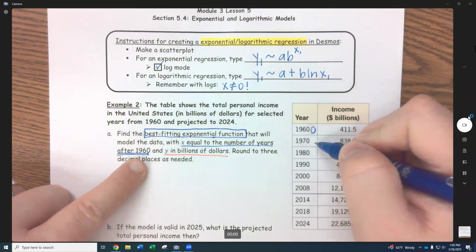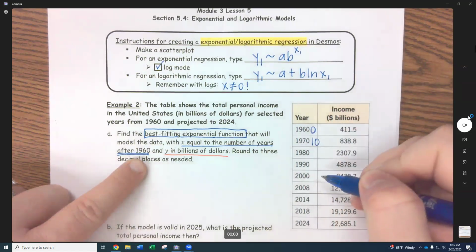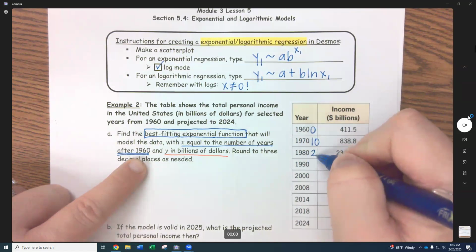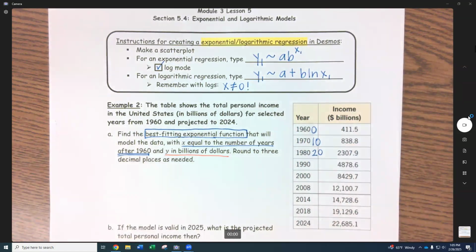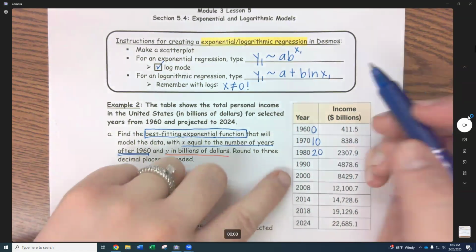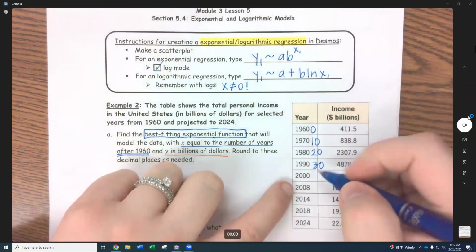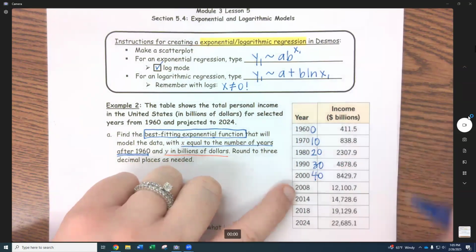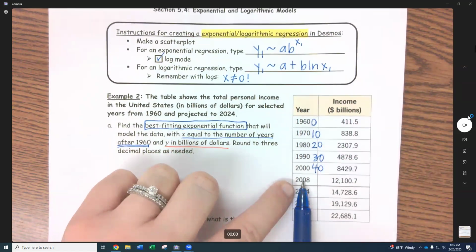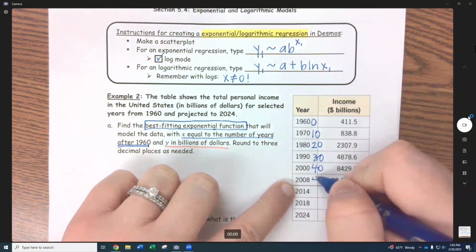So then 1970 would be 10. 1980 is 20. And we are not going to assume it counts by tens. So 1990, great year, 30. 2000 would be 40. Here's why I'm not just assuming. Now it's going from 2000 to 2008. That's now 48.